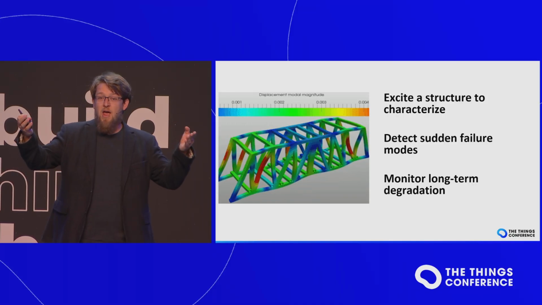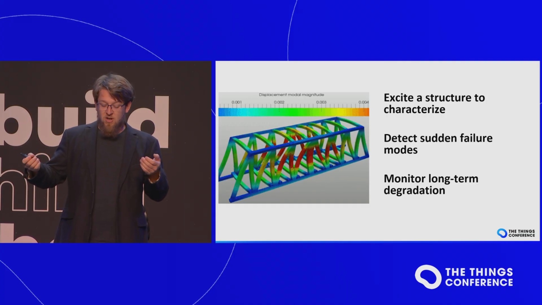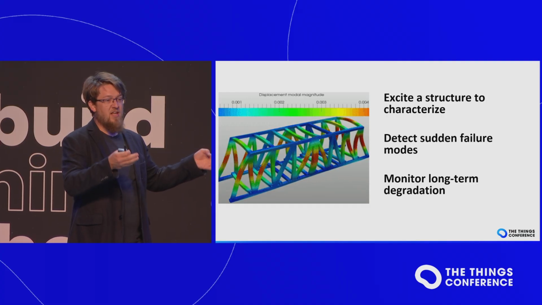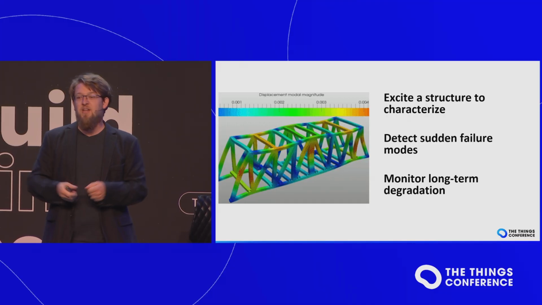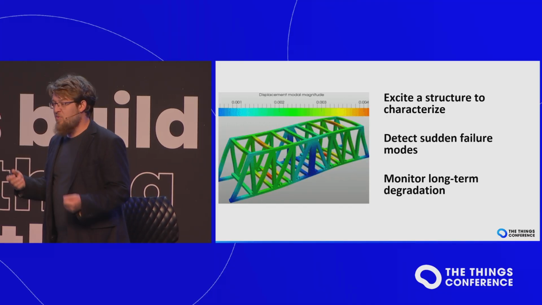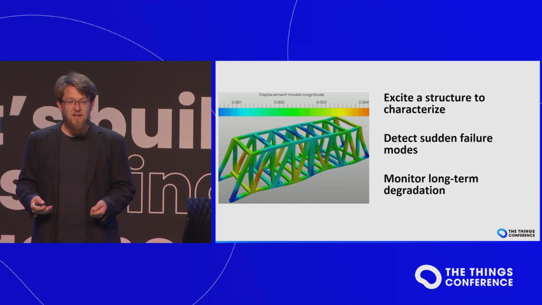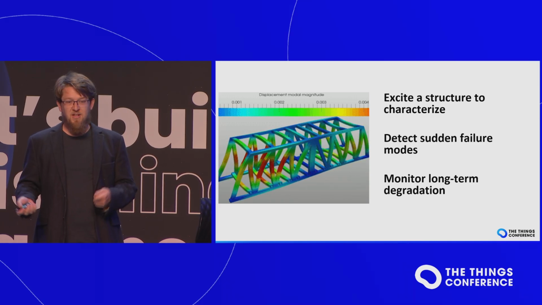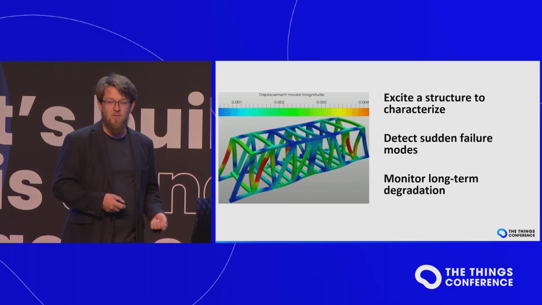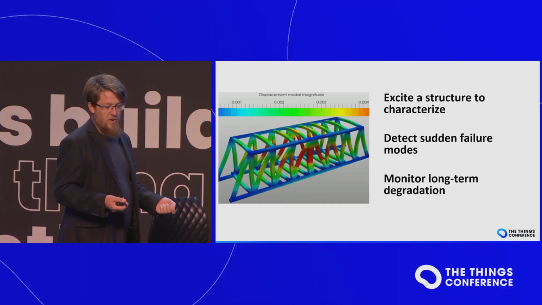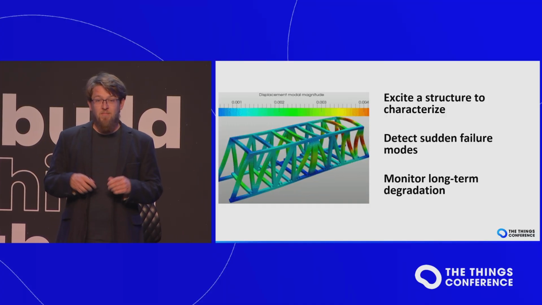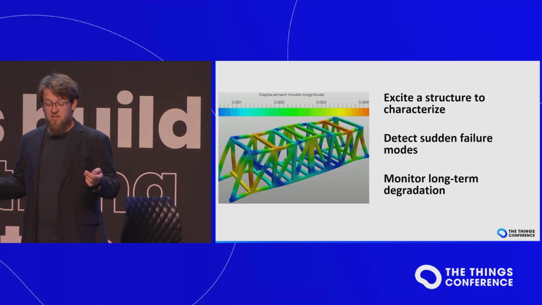And if we do a thought exercise on placing 200 sensors on a bridge and running the cables to each and every sensor, you will see that the cost of deployment is mostly running cables. It's not actually installing sensors and doing something useful. So we want to do this wirelessly. That then enables us to detect sudden failure modes.